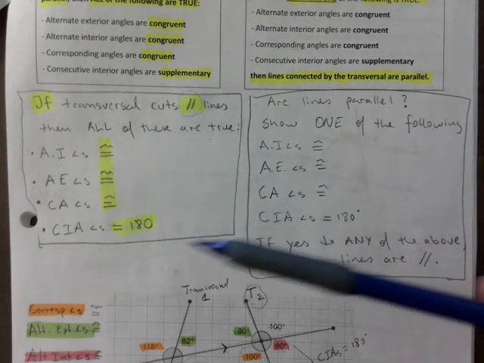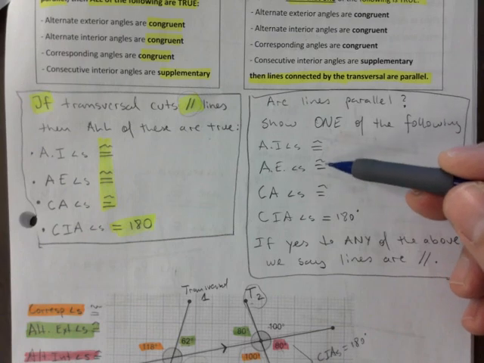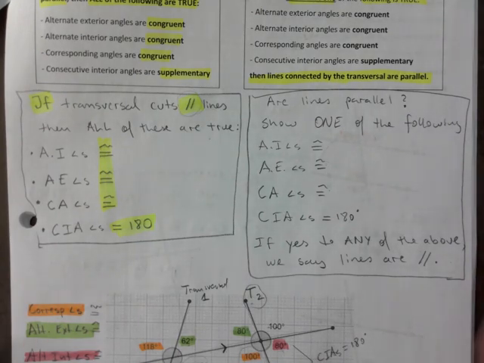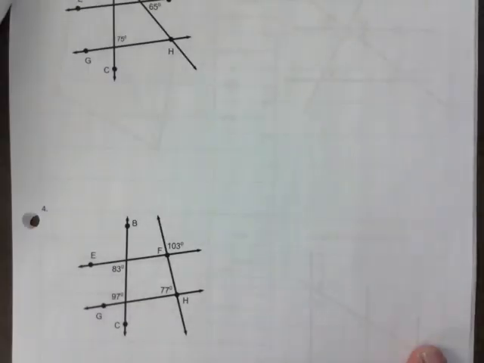So it goes both ways, because if you can show that one of these is true, all of them are going to be true. And of course, if you can show that one of these is not true, then lines are not parallel. So let's keep going here.